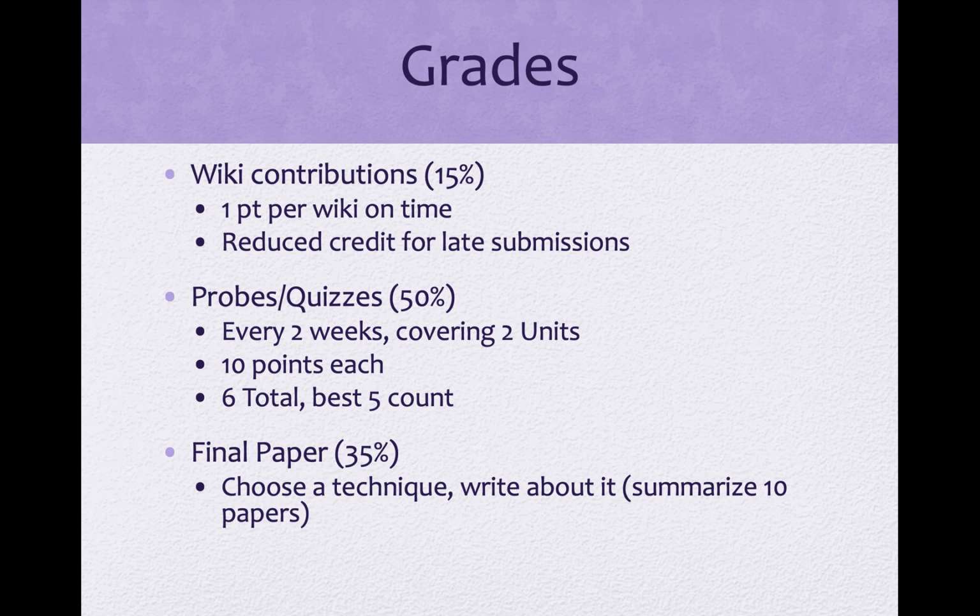They're going to cover 2 units. There are going to be 6 of them, but only the best 5 count, and they're worth 10 points or 10% each. Then there's the final paper, which is 35% of your grade, in which you're going to choose a technique or procedure or something in applied behavior analysis. You're going to write about it and summarize 10 empirical papers.